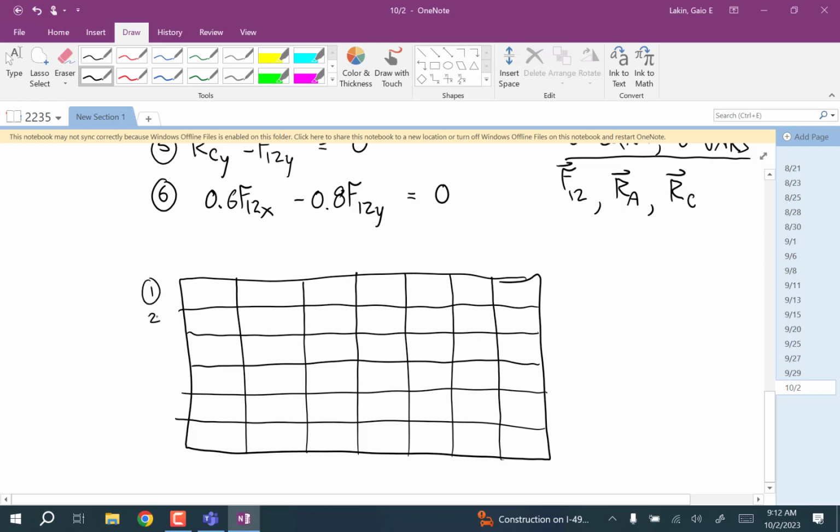So here's equation 1, 2, 3, 4, 5, 6. And variables, I'll go F12x, F12y, RAX, RAY, RCX, RCY, and the constants.